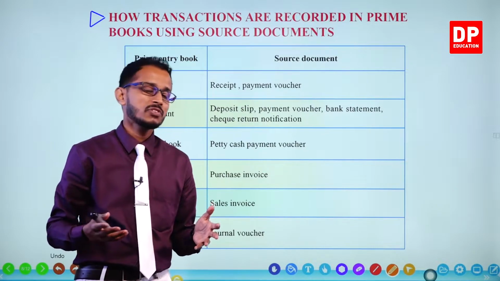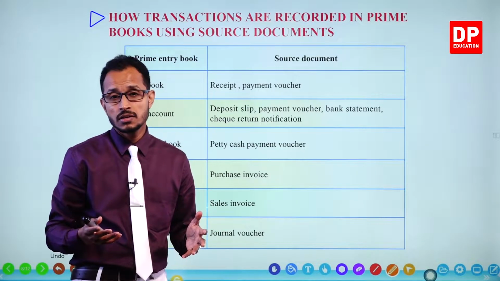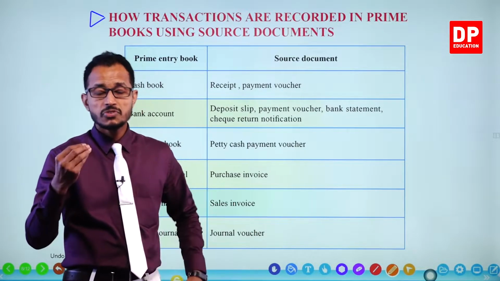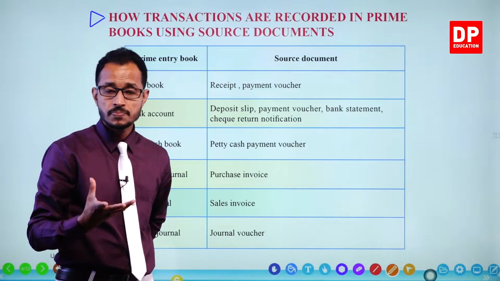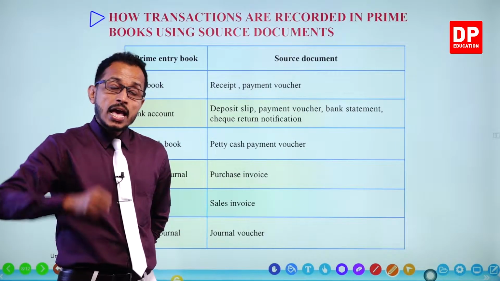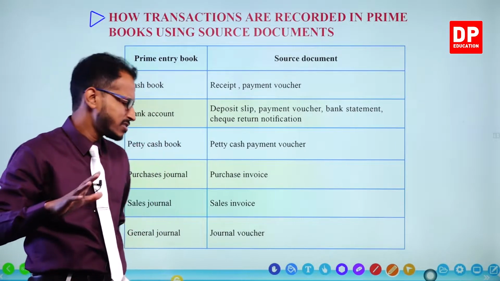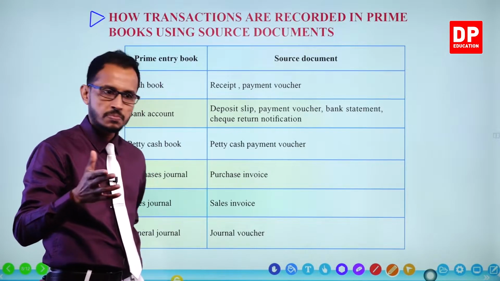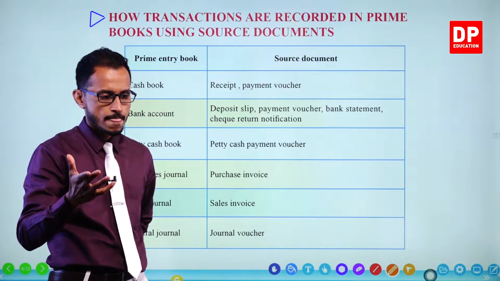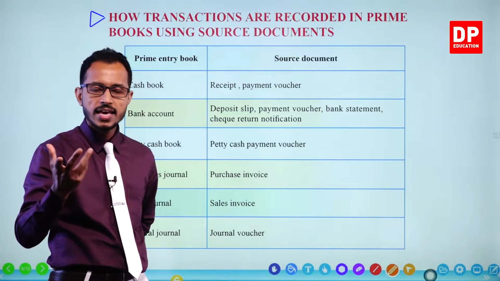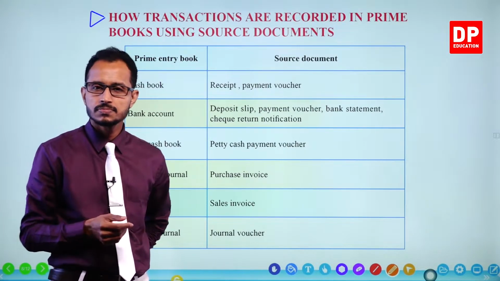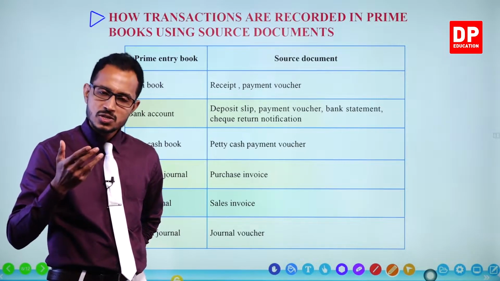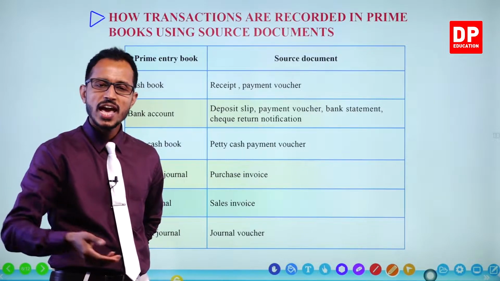So for what type of a transaction do you issue a receipt? You issue a receipt for a transaction such as, let's say, a cash sale. Selling goods for cash.